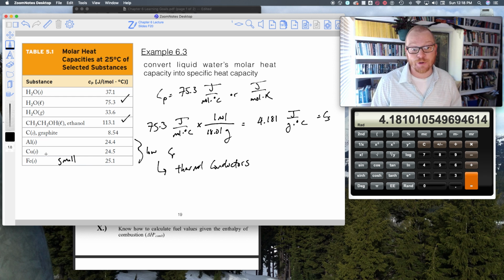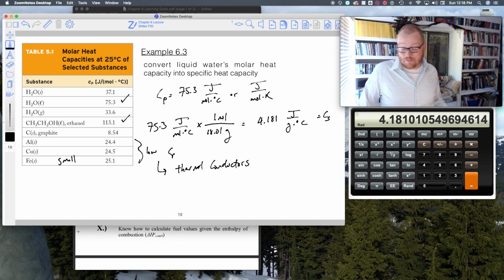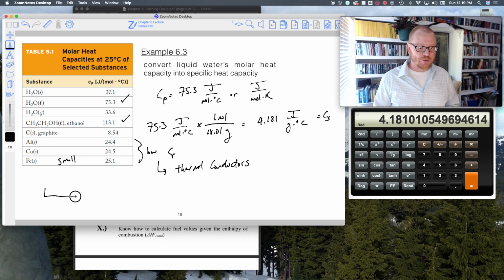Aluminum, copper, iron, they are great at conducting heat. Okay? Which is why we use iron to make a pan, right? Because if we're cooking something, think about that. Like here's my really crappy cartoon drawing of a cast iron pan, okay?